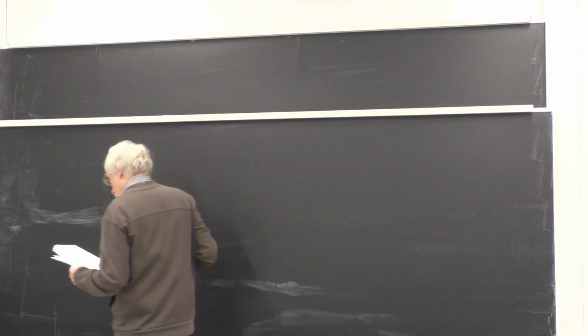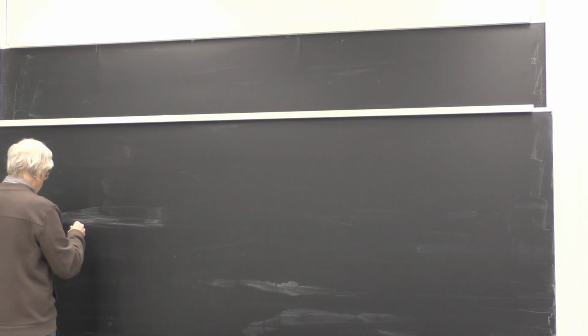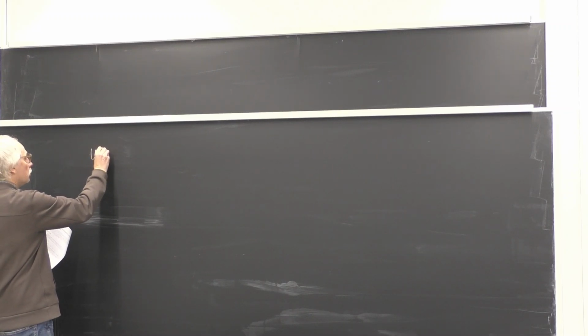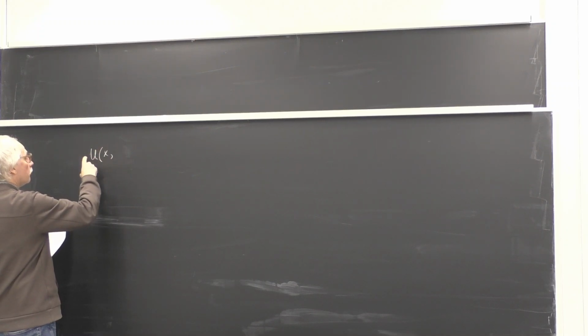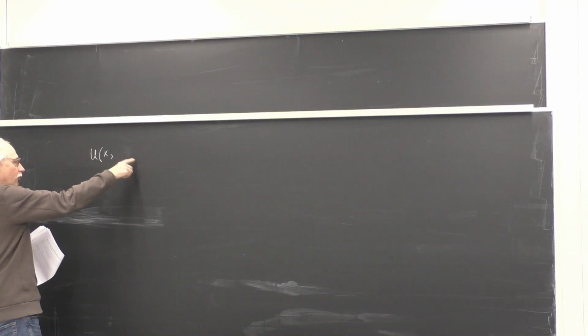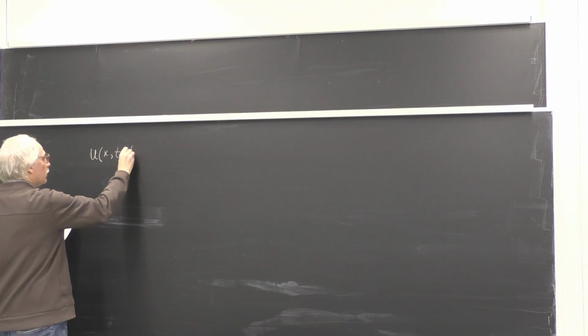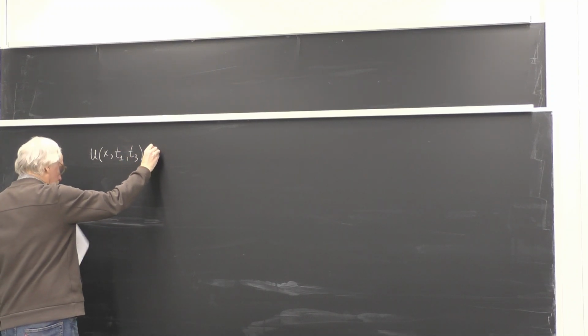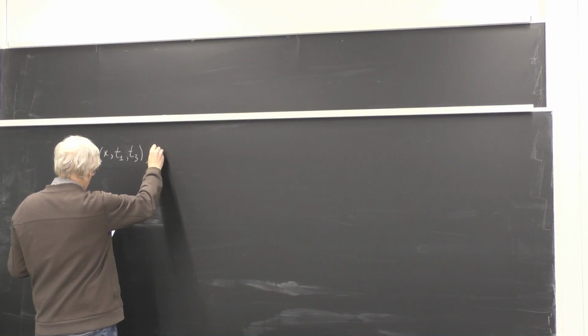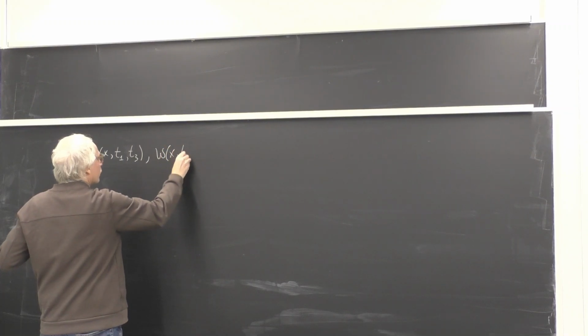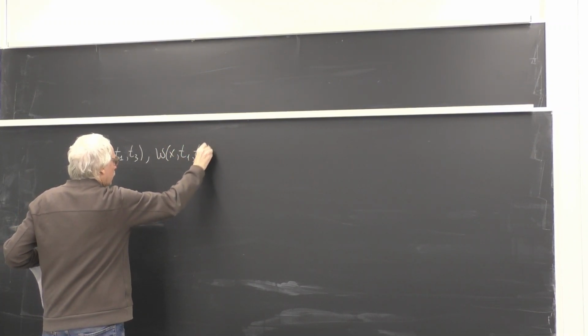So the BKP is a system of two equations for two functions, u of x, t1 and t3, and another function w of x, t1, t3.